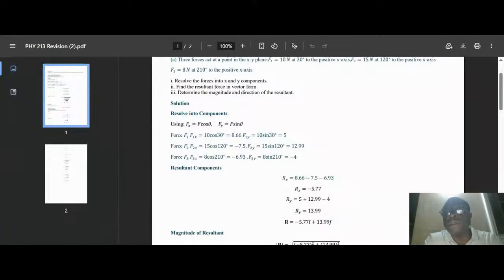F2 is equal to 15 Newton at 120 degrees to the positive x-axis, and F3 is 8 Newton at 210 degrees to the positive x-axis. 1. Resolve the forces into x and y components. 2. Find the resultant force in vector form. 3. Determine the magnitude and the direction of the resultant. That is question 1.